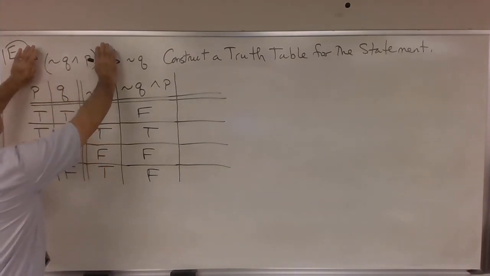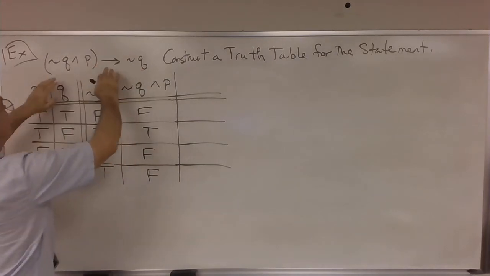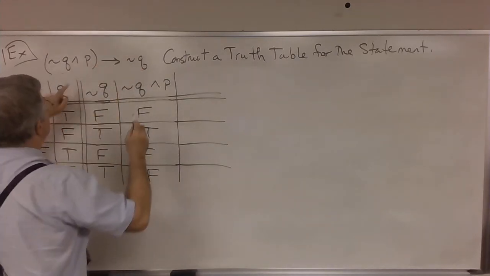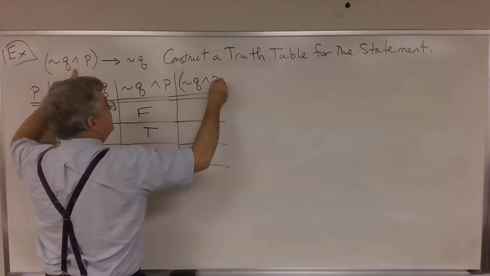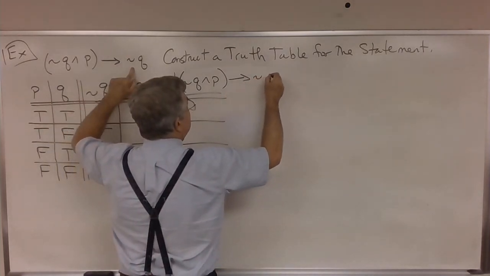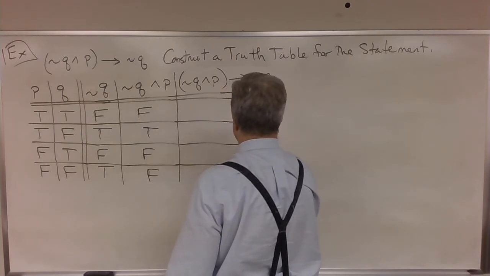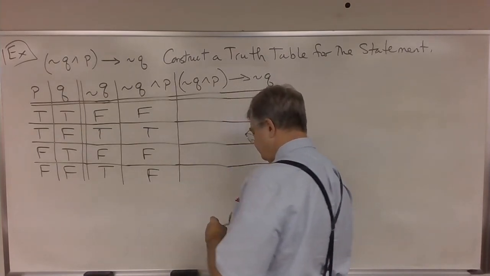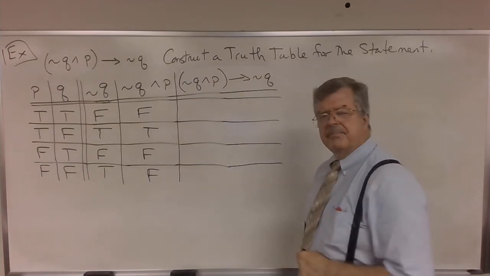We know what this is. We know what that is. So now we can put them together. Not Q and P implies not Q. This is a conditional statement.